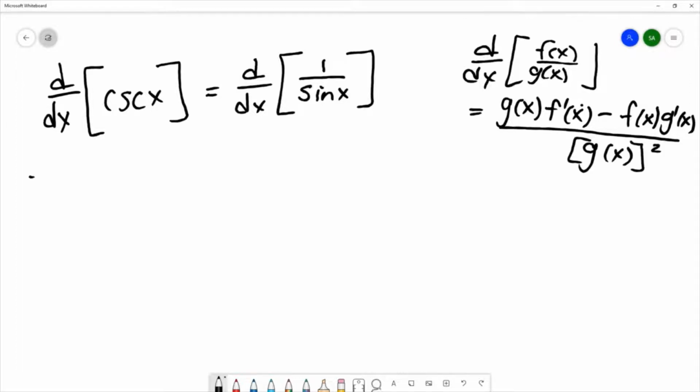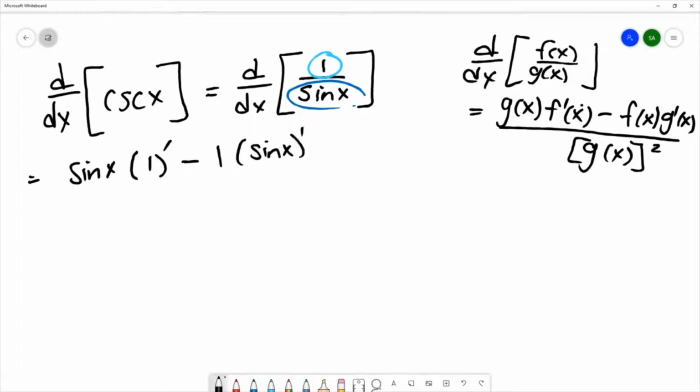So I'm going to do that with a numerator of 1 and a denominator of sine x. So using the quotient rule, I would do the bottom function times the derivative of the top function minus the top function times the derivative of the bottom function all over the bottom function squared.